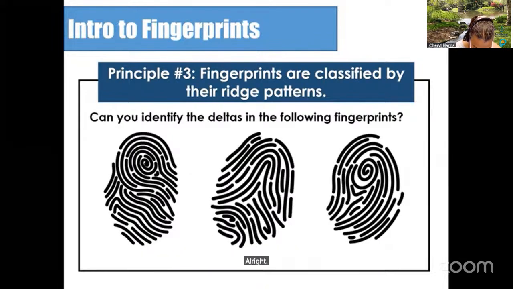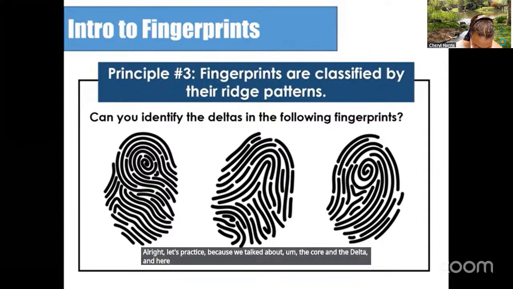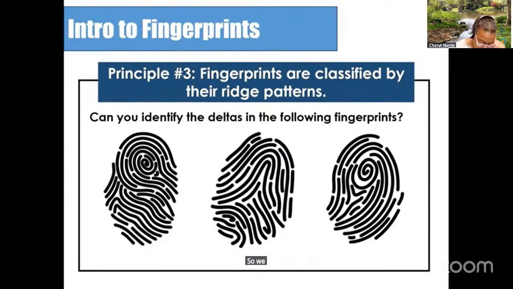All right, let's practice, because we talked about the core and the delta, and here we have 3 fingerprints, and I want you to see if you can identify the deltas in these 3 fingerprints. So we're looking for the triangle region where the lines sort of merge together.